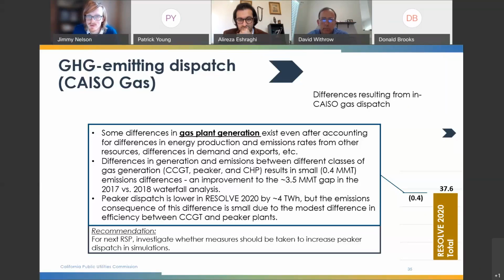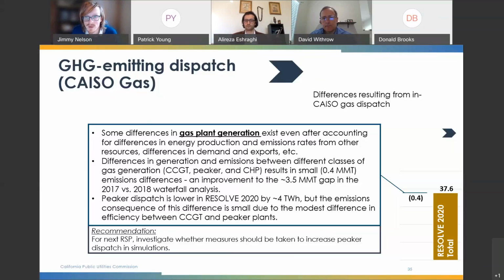I will note, things are not perfect. It is a persistent challenge to make production simulation models dispatch, especially flexible gas peakers, at the same level that we observe in CAISO actual. So there is a difference in gas peaker dispatch between the two data sets. But once again, the difference between a peaker and a combined cycle emission rate is not that big.